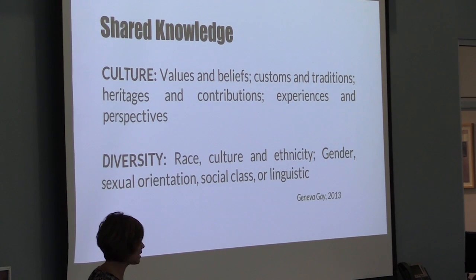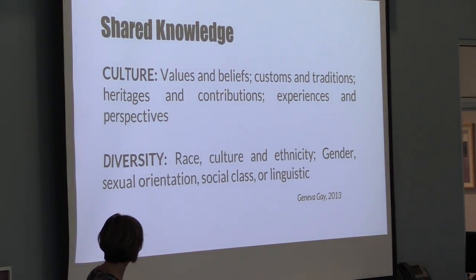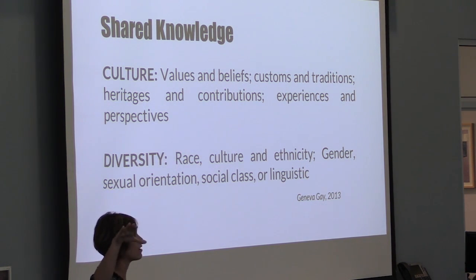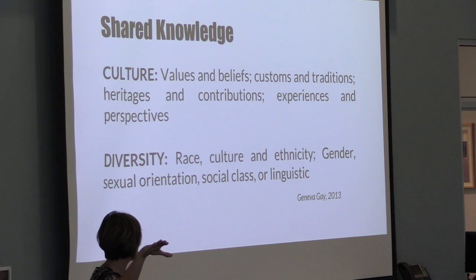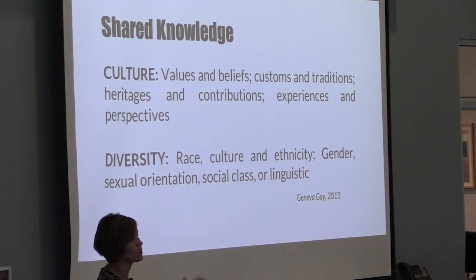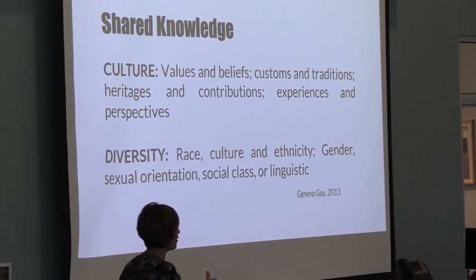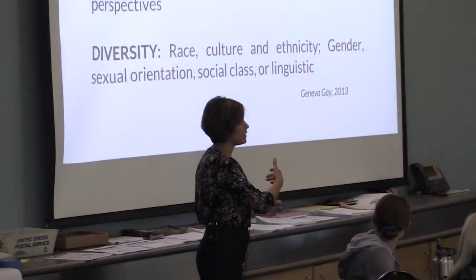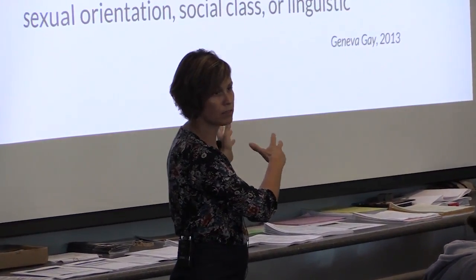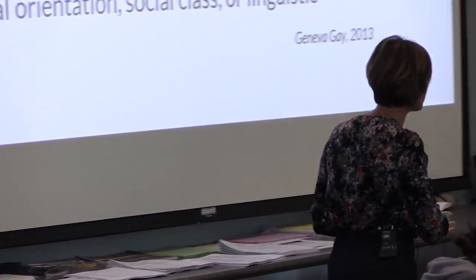She categorizes diversity as race, culture, and ethnicity. Some folks really like to focus on those three pillars of diversity. But there are other pillars of diversity also, including gender, sexual orientation, social class, or linguistic. So if you're a researcher in this field, you may lean towards one of those areas of culture or diversity.